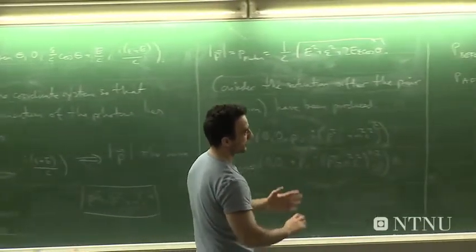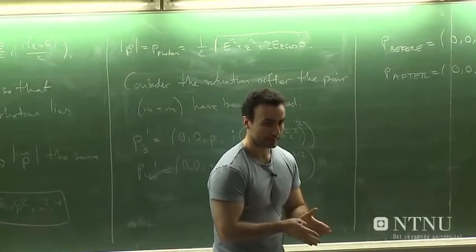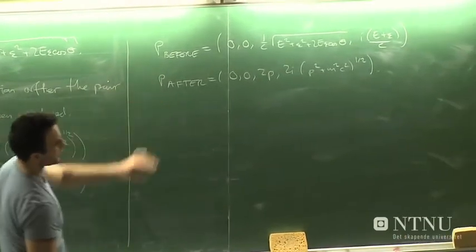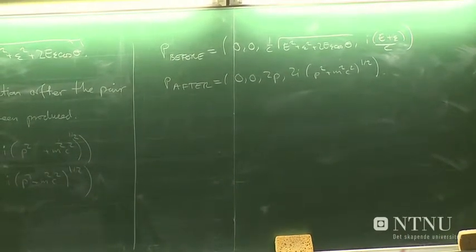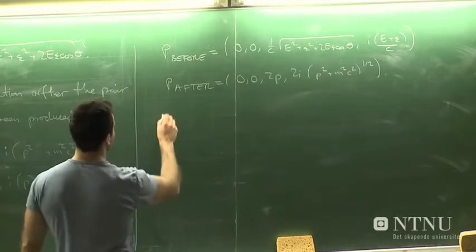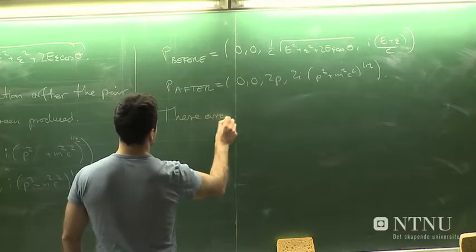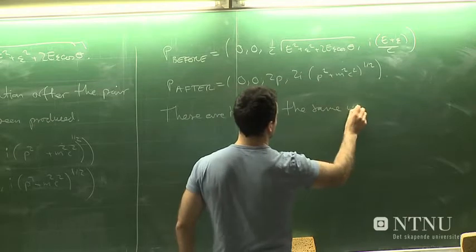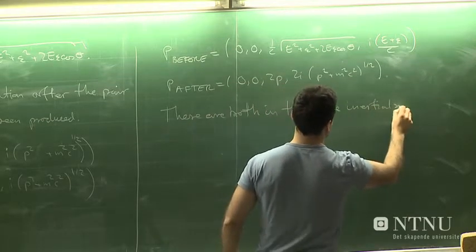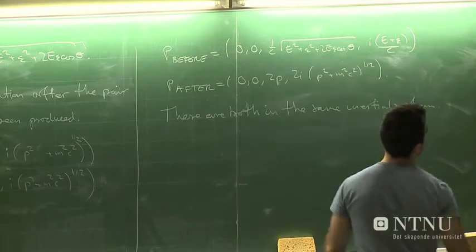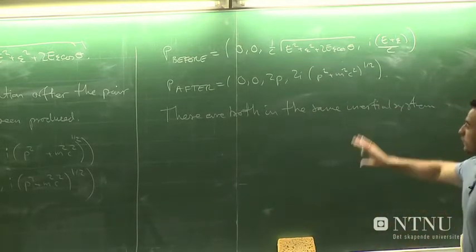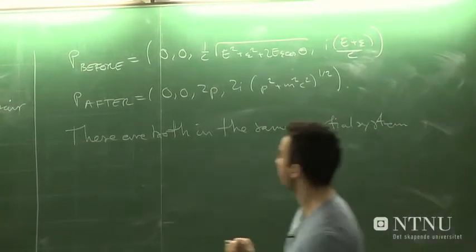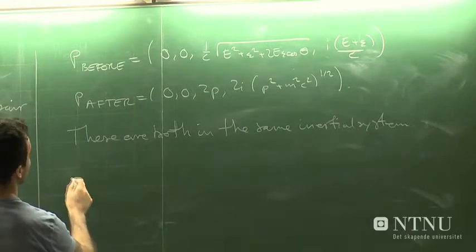So the first thing we did was to rotate the system so that the motion takes place only along one axis. The second thing was that we used the definition of the threshold energy, and we have now obtained the 4 momentum vectors before and after in the same inertial system. Okay, so now it's just a matter of equating these two expressions.